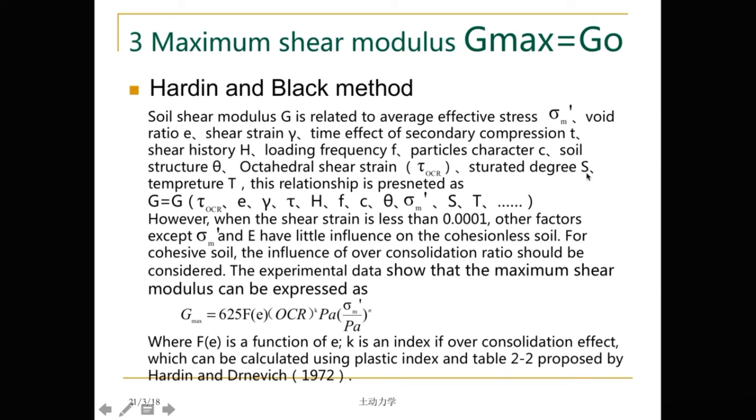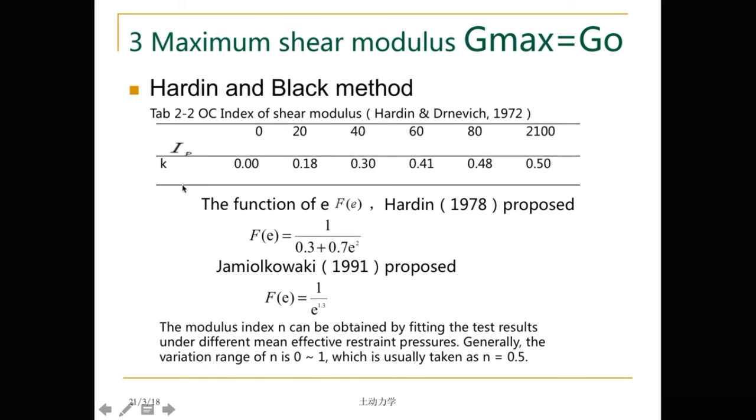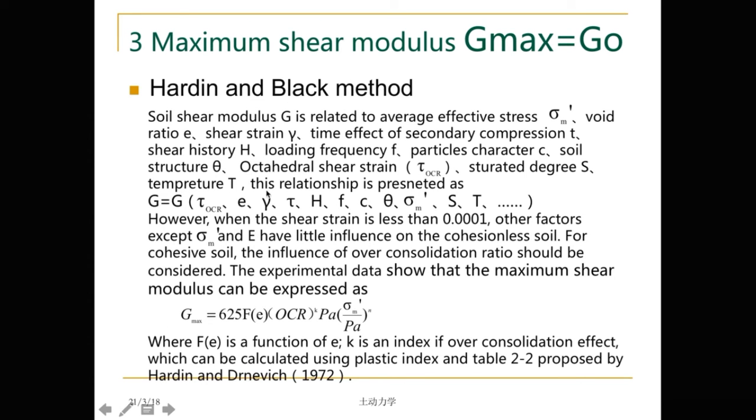We use big S here. This will affect the stiffness of soil. And temperature will also affect the stiffness. Then in fact, G, the shear modulus, is a function of all these factors.